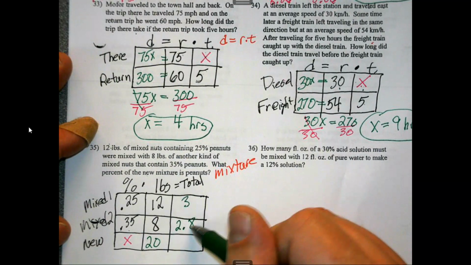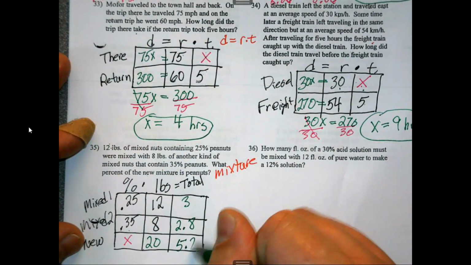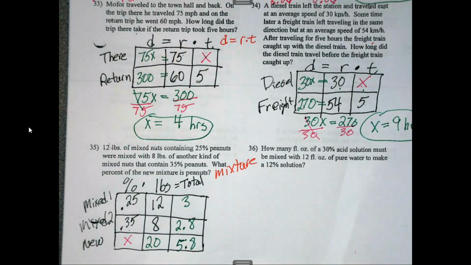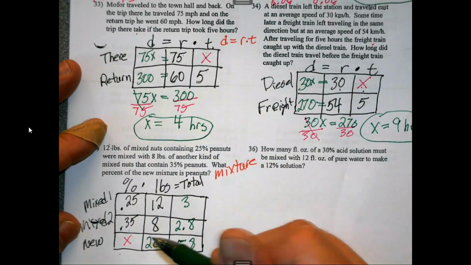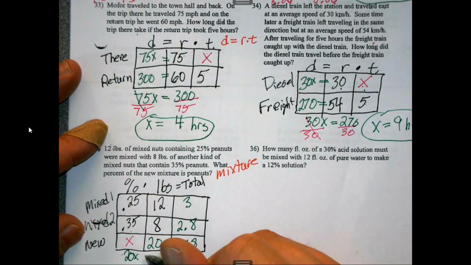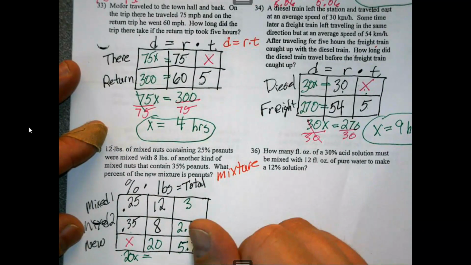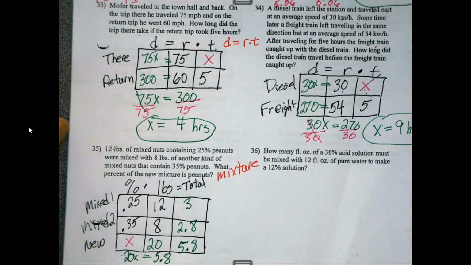And 3 plus 2.8 is 5.8, right? So 20x equals 5.8. So divide both sides by 20.